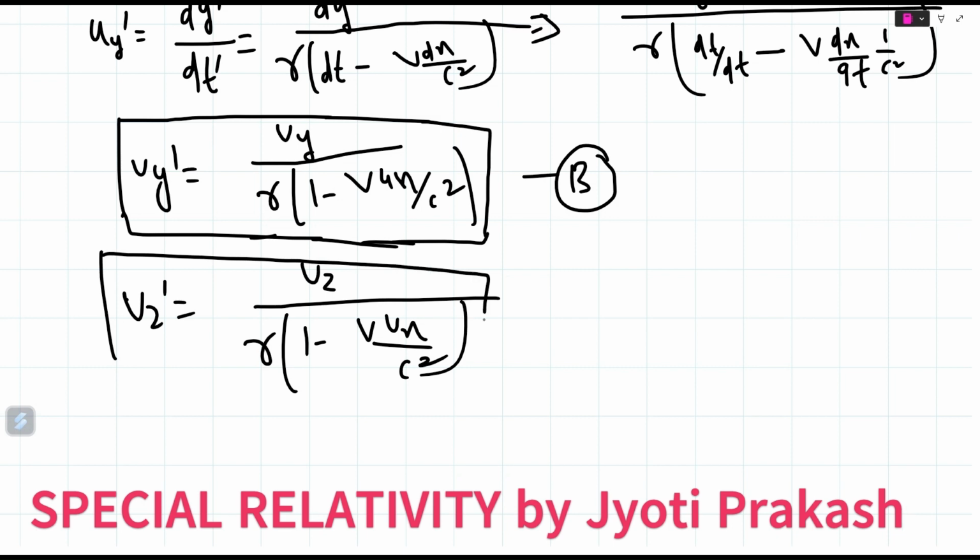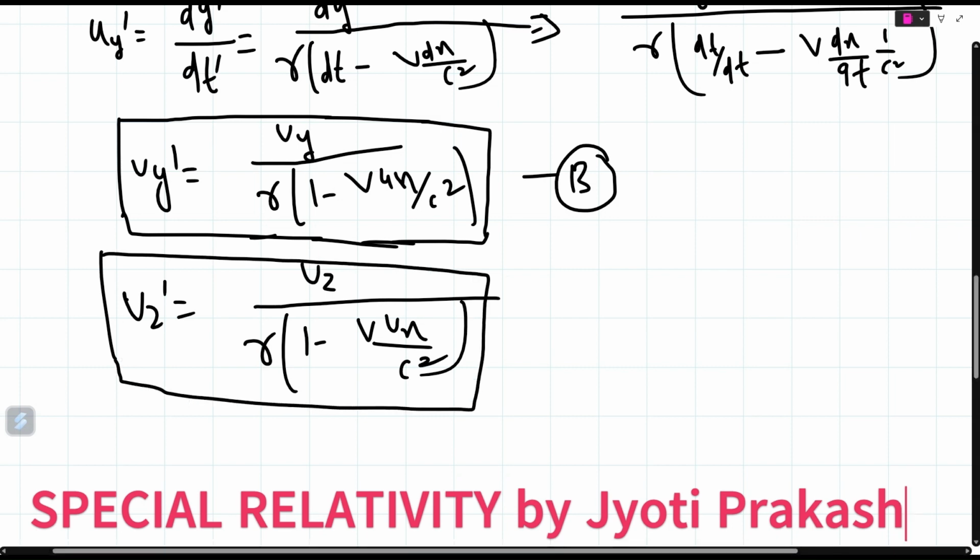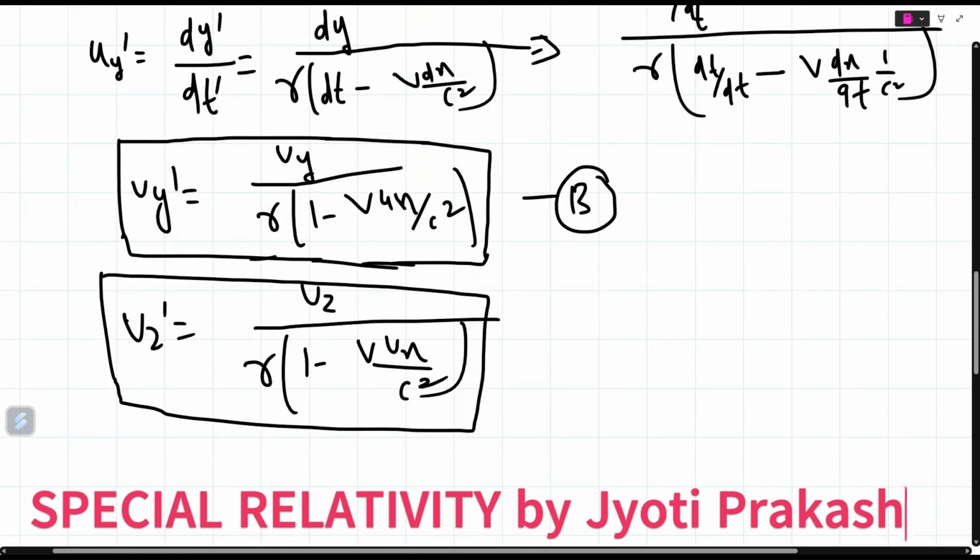This way you can relate all components: ux prime to ux, uy prime to uy, and uz prime to uz.